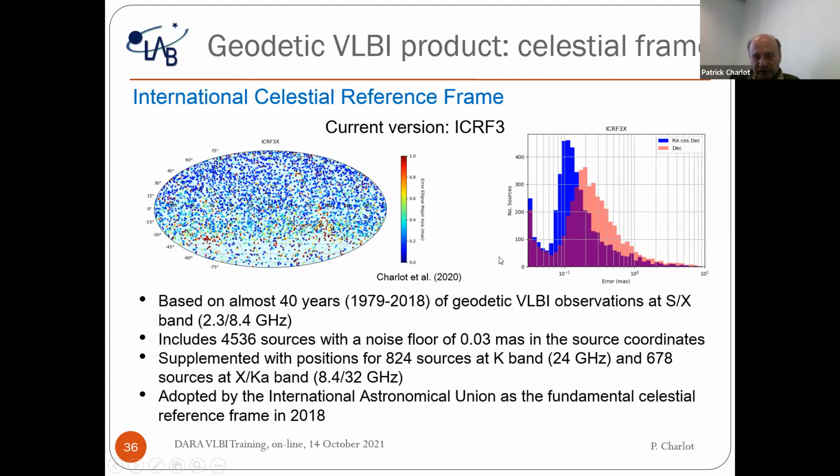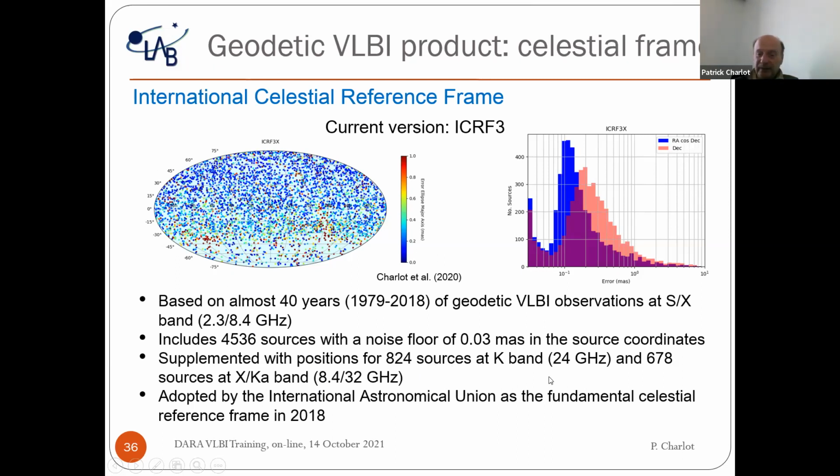So the most precise sources are in there, but overall, apart from this one, the level of all the sources is 0.142 milliarcseconds, which is quite good. I should mention too that this frame is based on SX observations, as I mentioned previously. There are also two other catalogs.